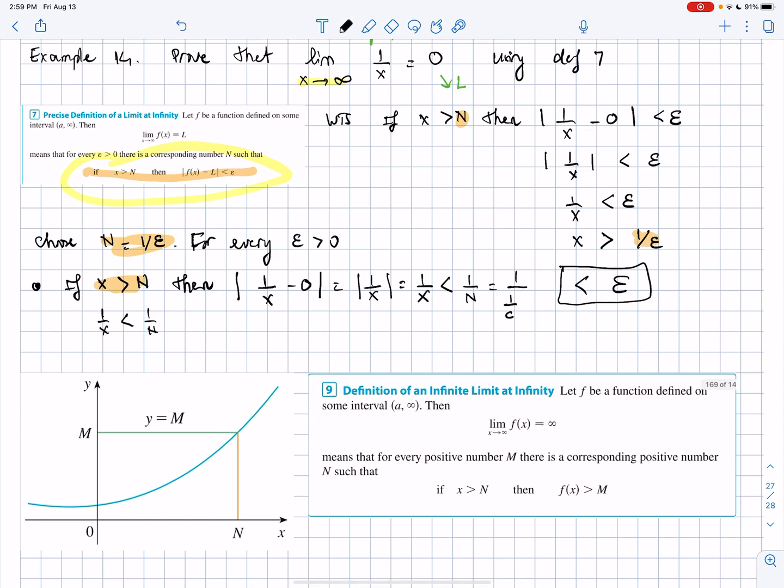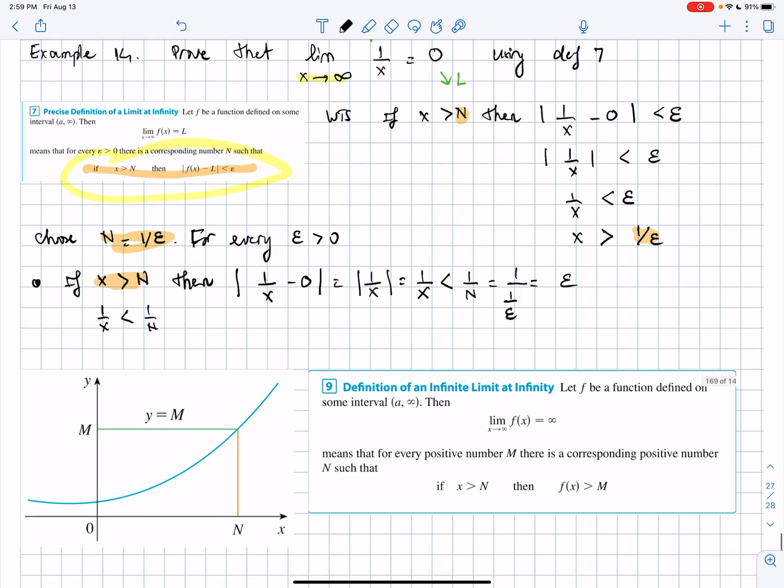So 1 over 1 over epsilon, simplify this, it equals epsilon.